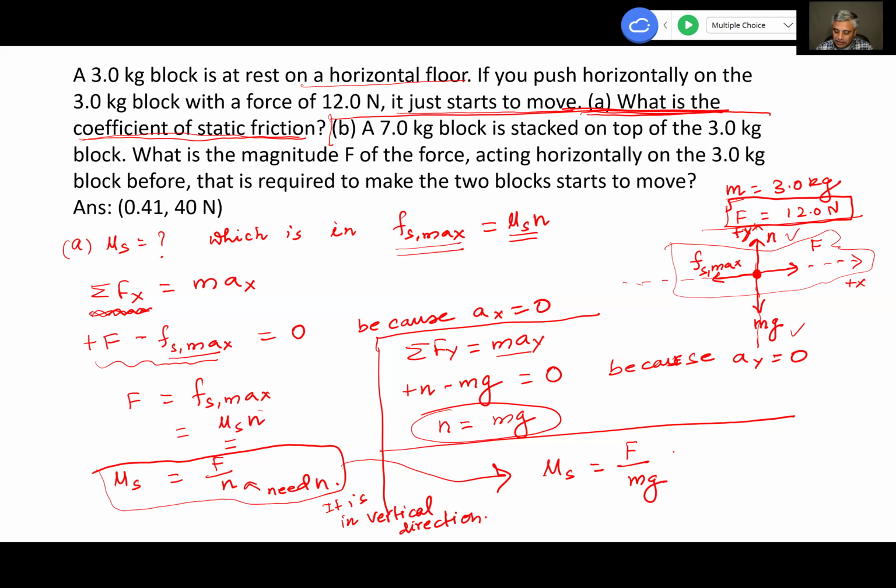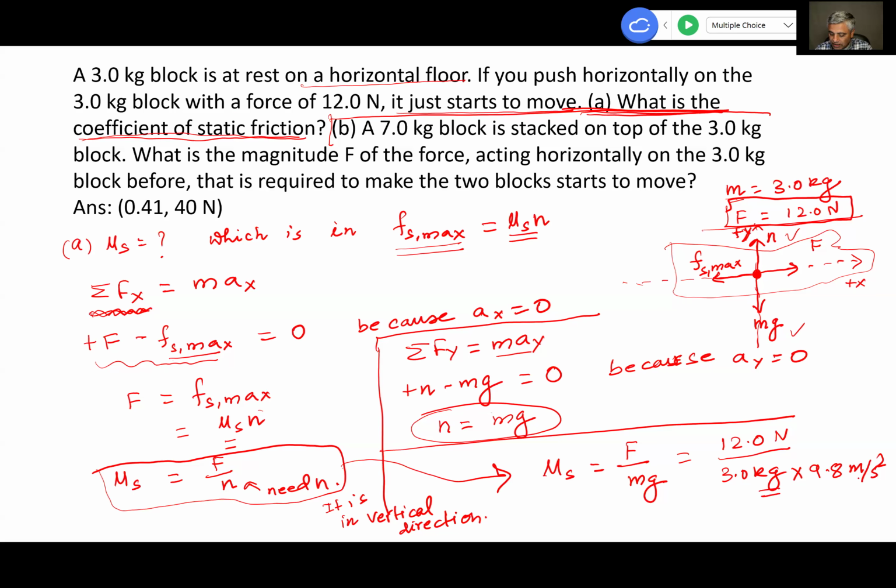So I can do that. So I know all these three things. Force is 12 Newton. Mass is 3.0 kilogram, I should write. And then g is 9.8 meter per second squared.